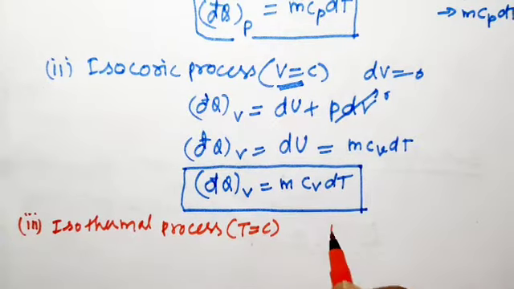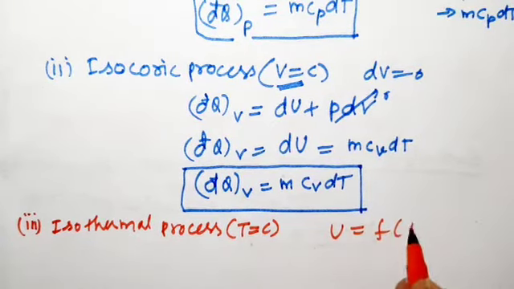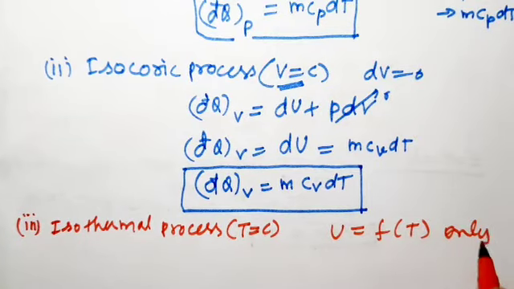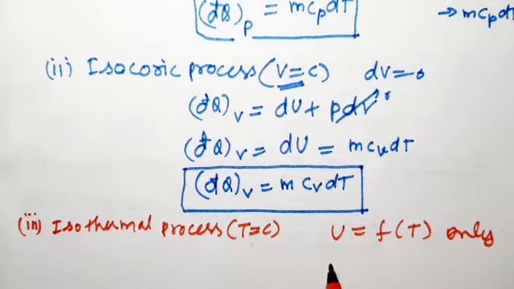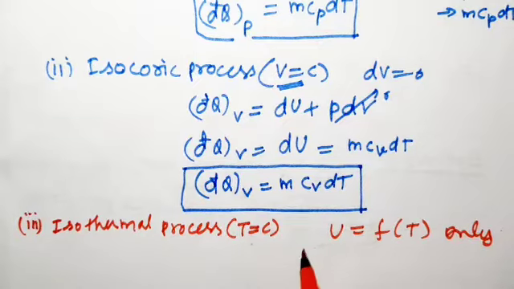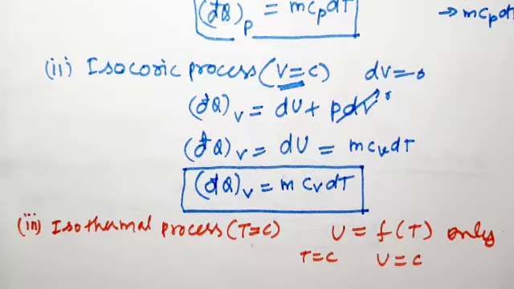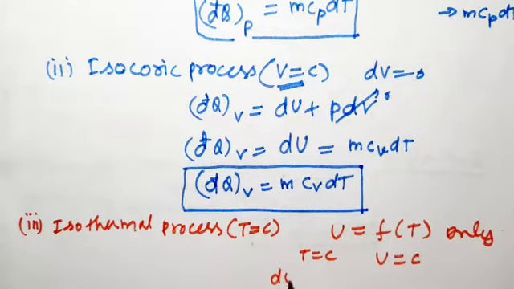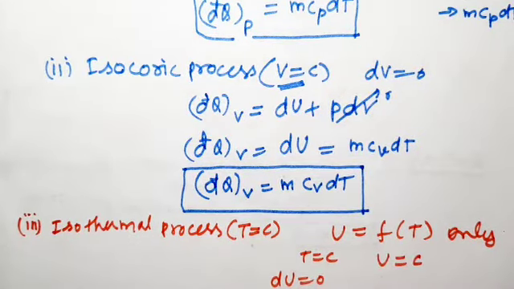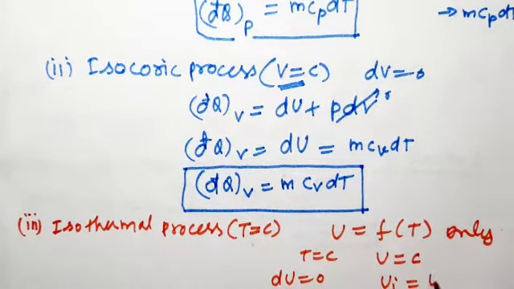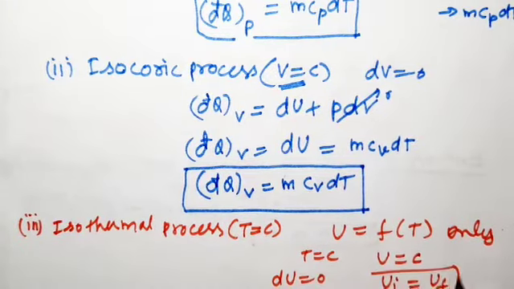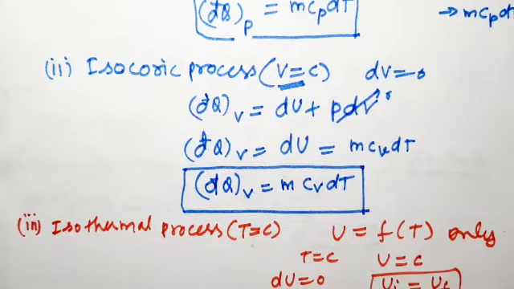So if T is constant, then U will also be constant, or we can say dU is equal to 0, or internal energy at the inlet is equal to internal energy at the outlet. This is the isothermal process and its heat transfer.